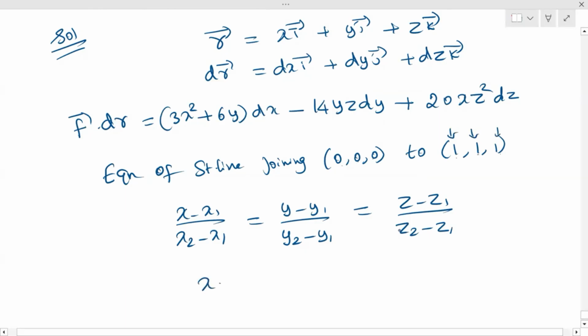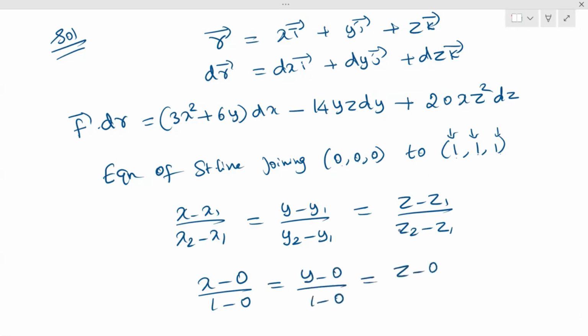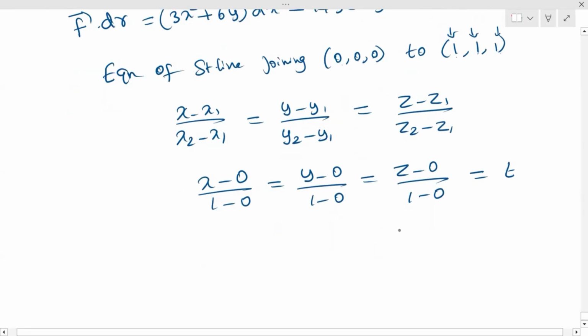So substituting the values, we get (x minus 0) by (1 minus 0), (y minus 0) by (1 minus 0), and so on. We have to equate this to some variable t. So we will get x equal to y equal to z equal to t.